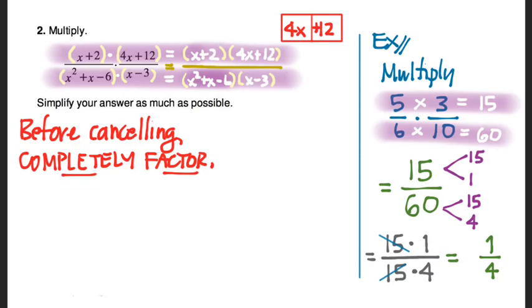So you look at these two terms, 4x and 12, and note that both of them have a factor of 2 in common. So we can factor the 2 out of 4x and get 2x, and factor a 2 out of the 12 and get plus 6. So we could factor the 4x plus 12 as twice the quantity 2x plus 6.